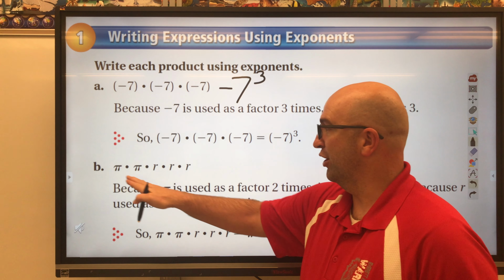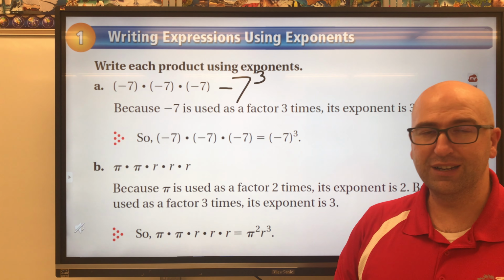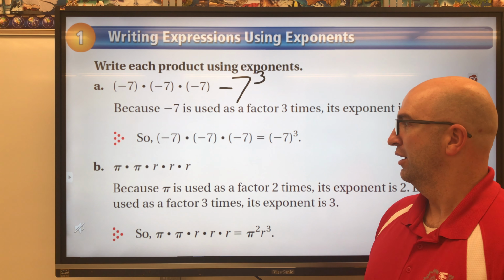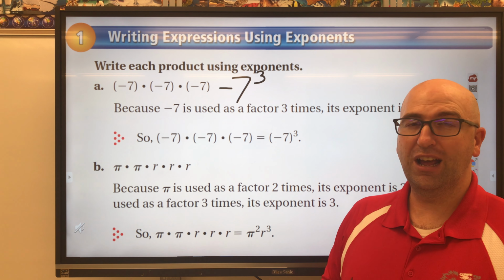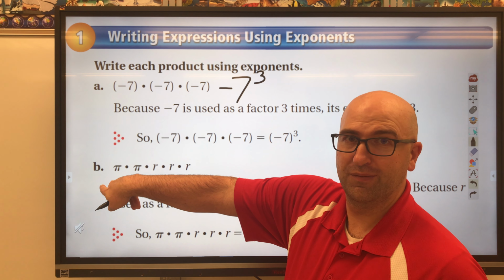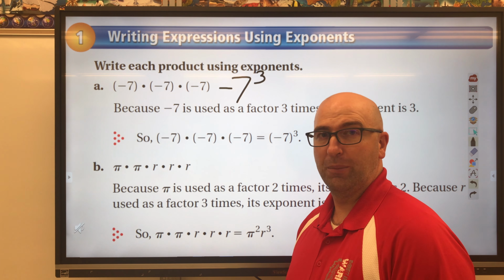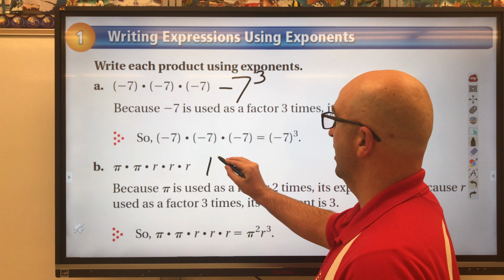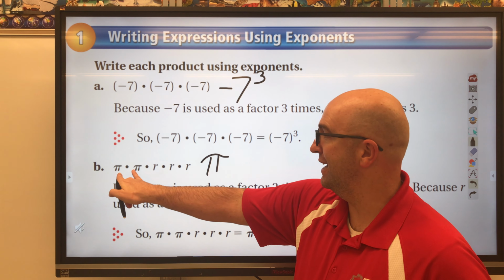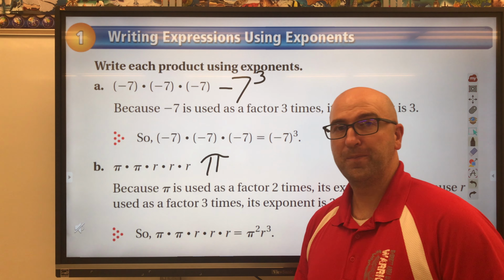Let's look at this one. There's no numbers expressly written here, but you don't necessarily need numbers to write exponents. I'm going to first look for things that are in common. I have 2 pi symbols that are being multiplied by one another. So I'm going to go ahead and write my pi symbol. That's a base. You can see I have 2 bases, pi and r.